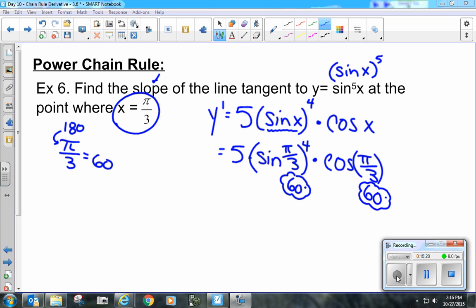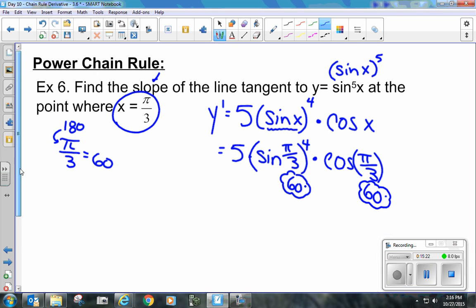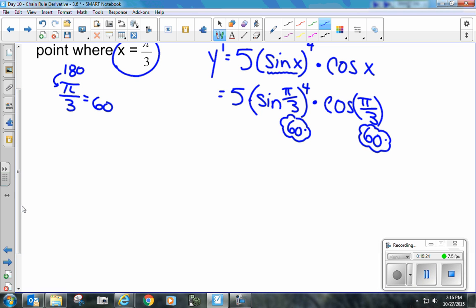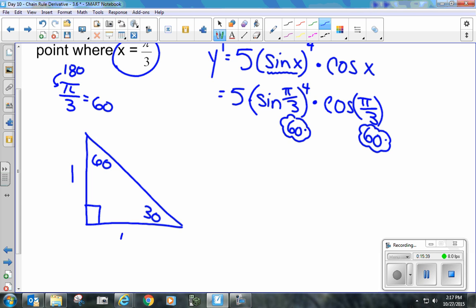Okay? That's going to help us do this a little bit easier, because I know my 30, 60, 90 triangle. This is 30, and this is 60, and this is 90. 1 looks like a 45, 45, but what can I say? Radical 3 and 2.